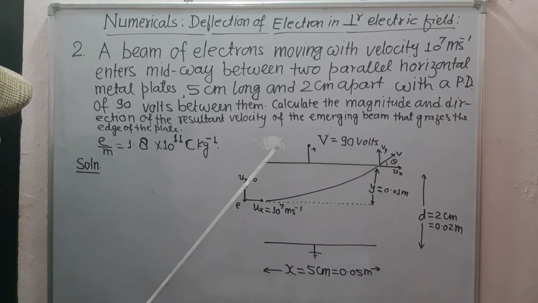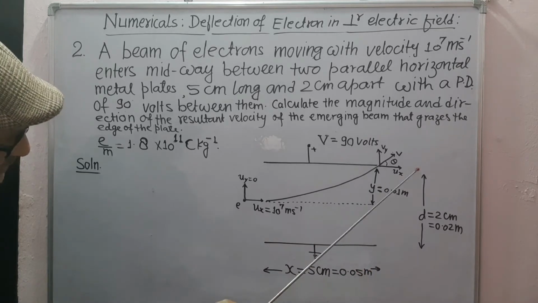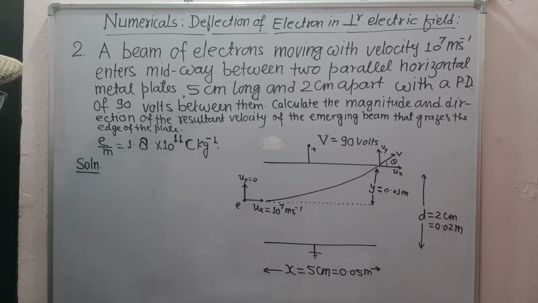These are two parallel metal plates. The length of the plates is 5 cm, that is 0.05 meter, and the separation is 2 cm, that is 0.02 meter. The electron enters midway between the two plates with horizontal velocity u_x equal to 10 to the power 7 meter per second. Therefore, the vertical velocity will be 0.